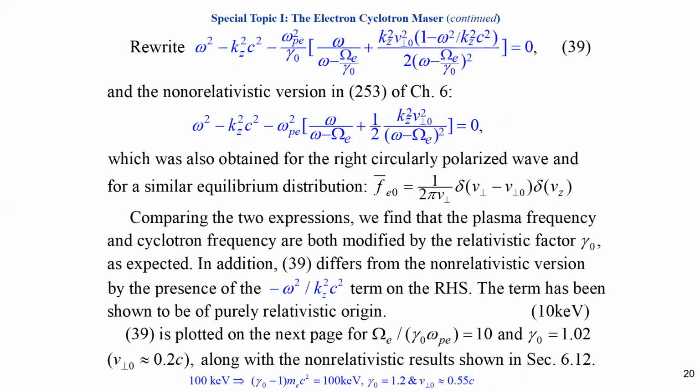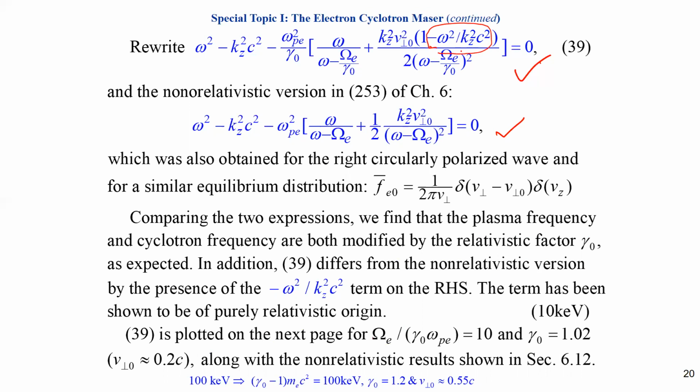Rewrite equation 39 again. Okay, that's equation 39. The non-relativistic version. See, what's the difference? Here, here, here, gamma. Anything else? An extra term. This is an extra term.